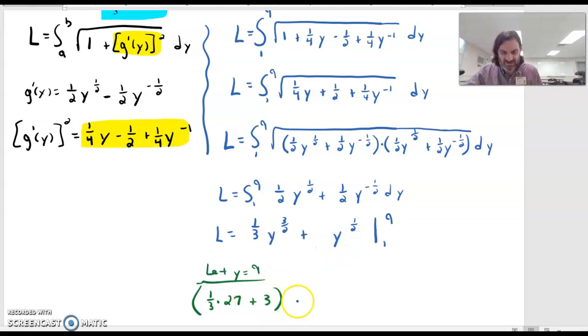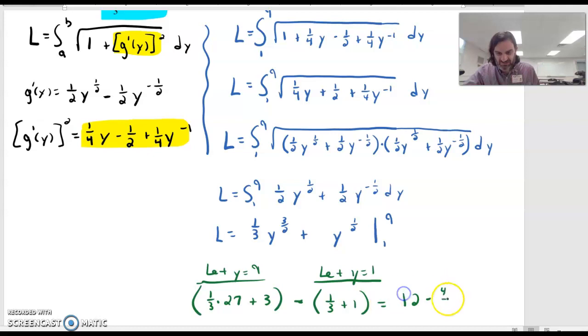So it looks like that's 9 plus 3, and it's going to be minus, let y equal 1. So when we plug 1 in, we'll have 1/3 plus 1. So let's see, I believe that's going to give me 12 minus 4/3. So that should be 10 2/3 if I'm not mistaken. We'll just leave it at that.